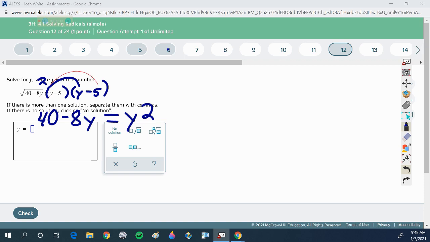And then what will that be? Negative 5y. And what will that be? It's also negative 5y. So negative 5 minus 5. It's going to be negative 10y, and then the last one is going to be 25.